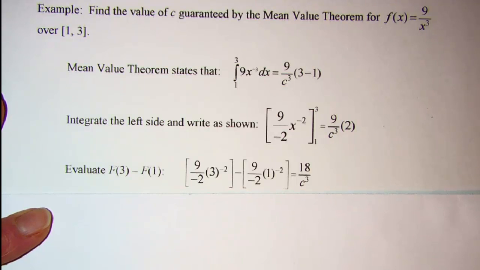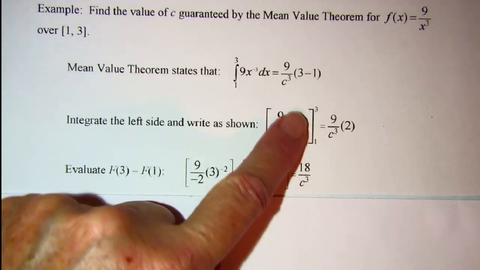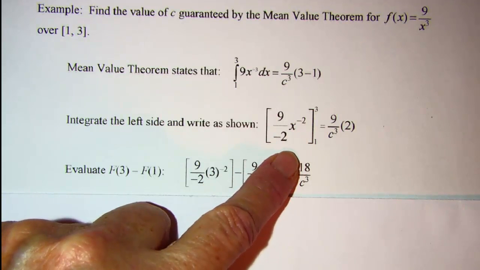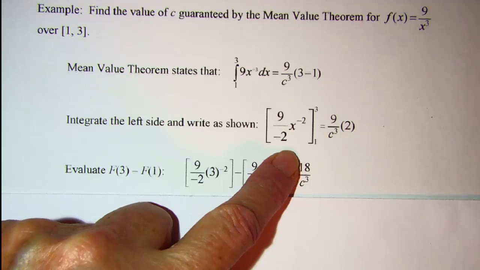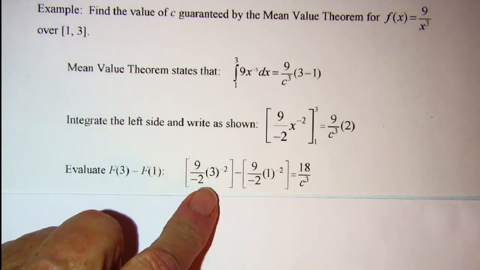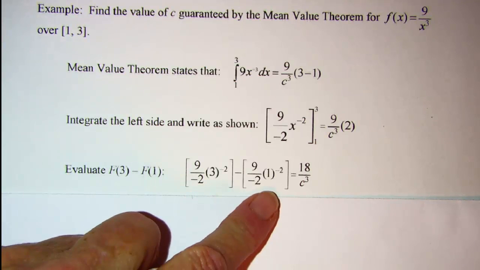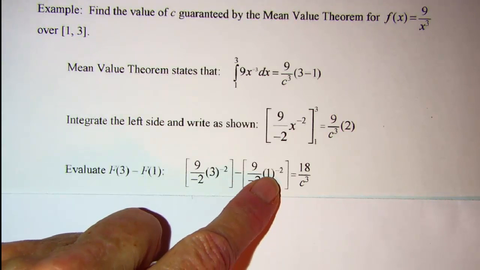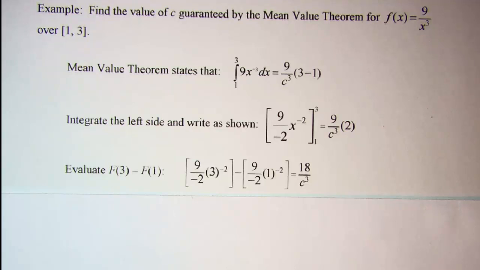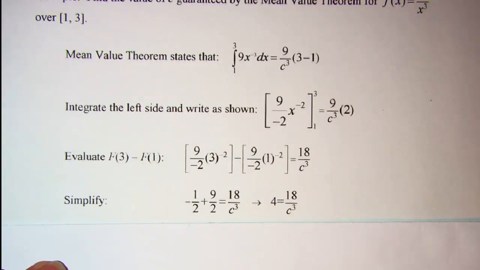So the fundamental theorem of calculus says that to get a value for this side of the equation, I want to evaluate the expression with 3 substituted in, and then subtract from that the value of the expression with 1 substituted in right here. And then notice I multiplied 9 times 2 to get 18.